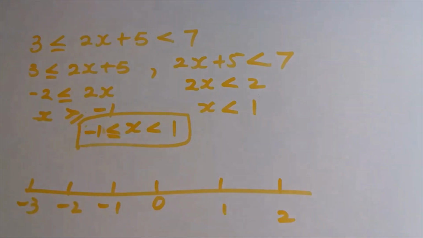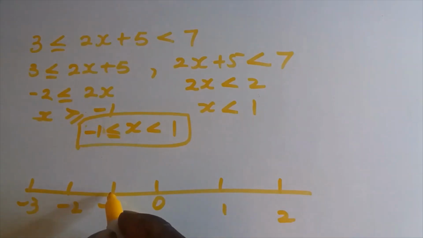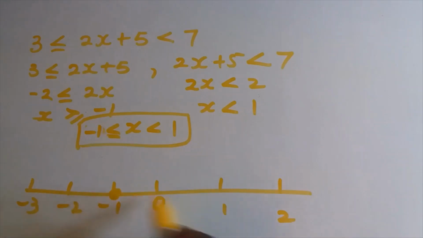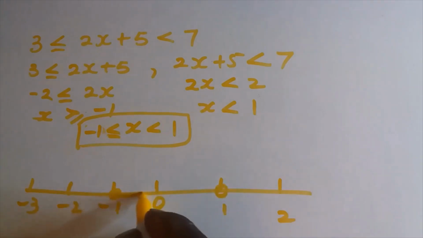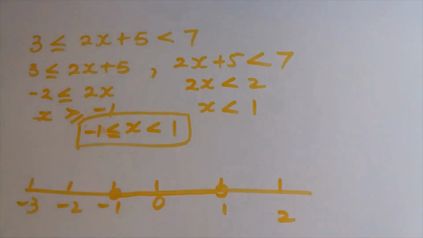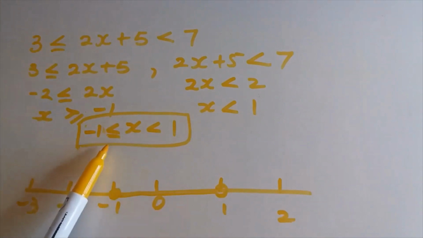So we have x greater than or equal to negative 1, so we include this. And our line will be going this way, but it must be less than 1. So it does not include 1. So this is an open circle, this one is closed. And that's your solution. This inequality reduced to this, displayed on the number line as shown.